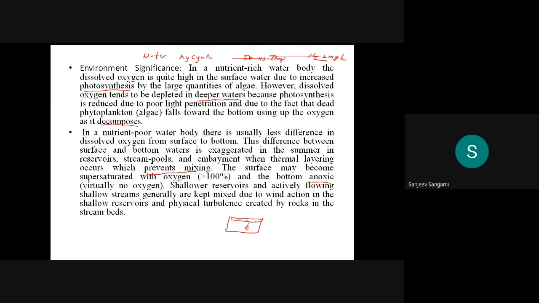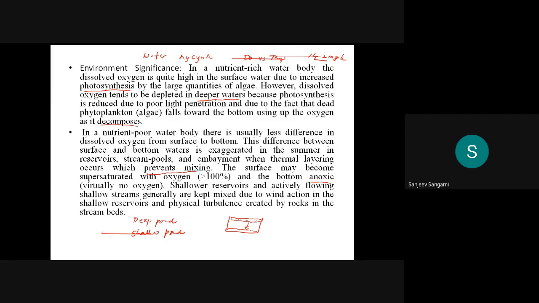The anoxic condition is the absence of oxygen in this portion. At the bottom, you can say there is an anoxic condition due to, one, photosynthesis not happening there, and two, stagnant water, which is also possible. There, the anoxic condition is going to happen, and there will be no oxygen present in the water. If you think about a deep pond and a shallow pond, there are a lot of differences.